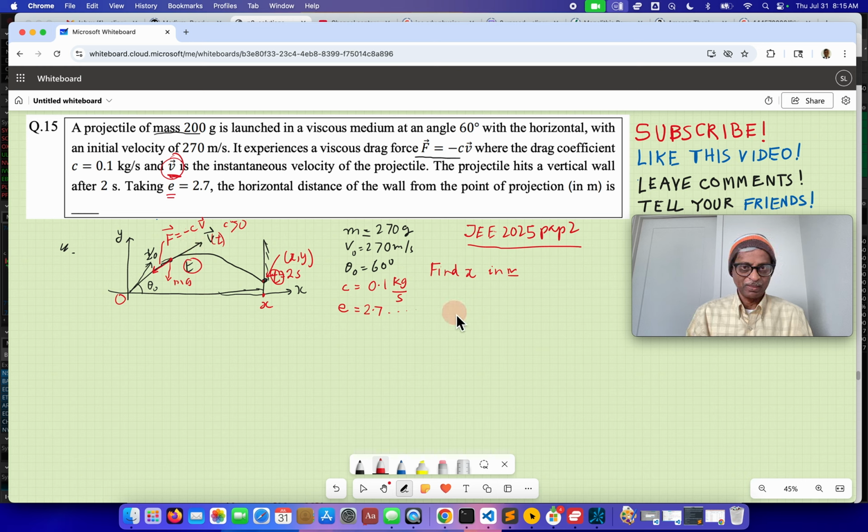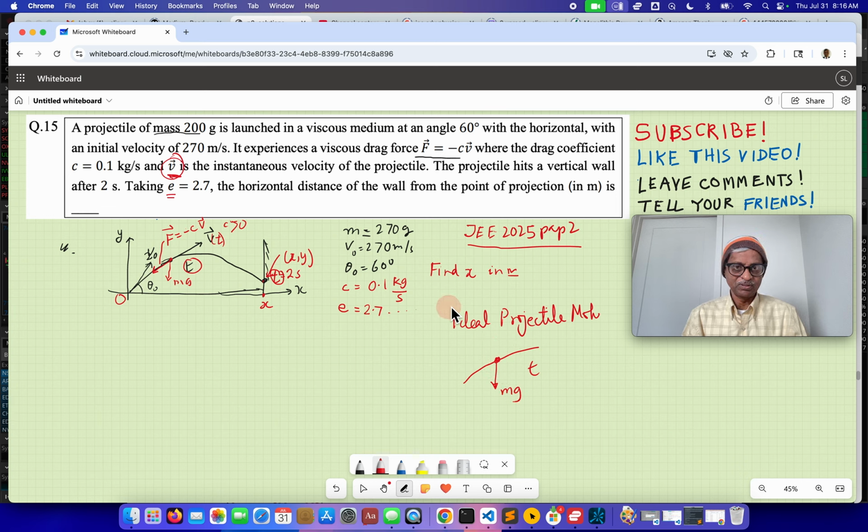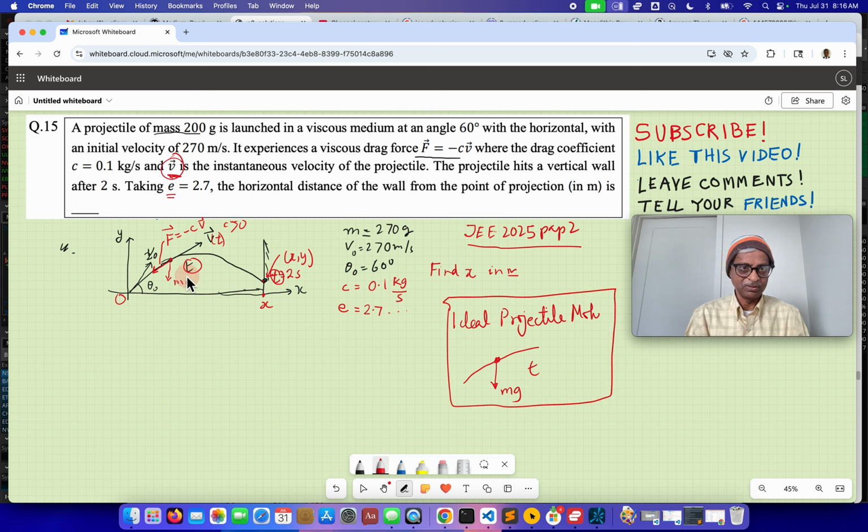So in ideal projectile motion, at time t, this is the only force. Here the situation is different. You have two different forces. So we're going to have to start out with writing the equation of motion.